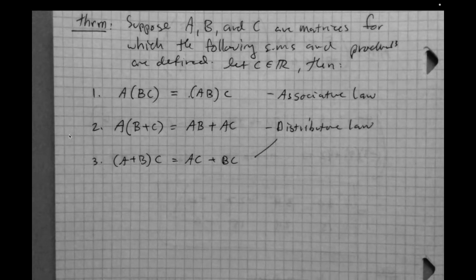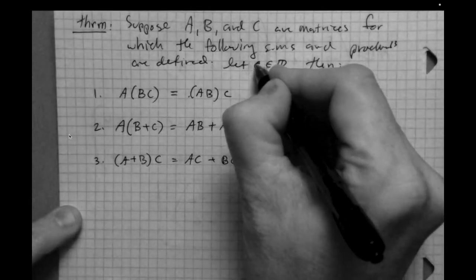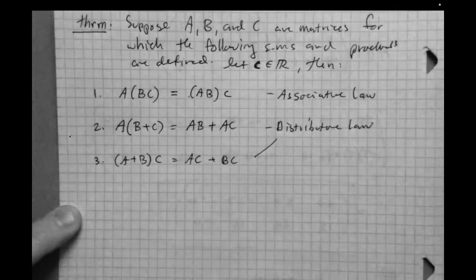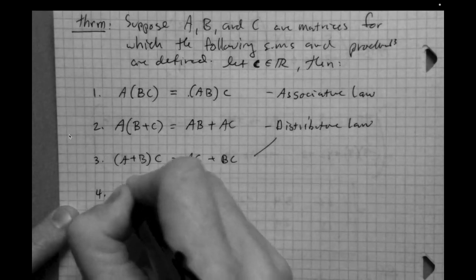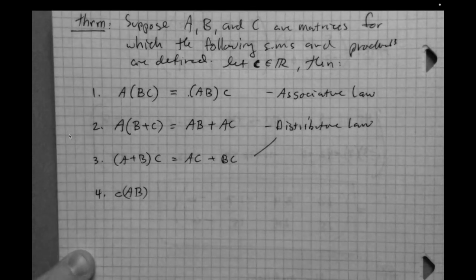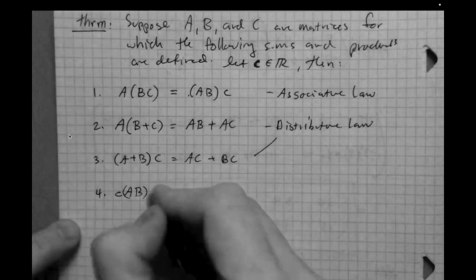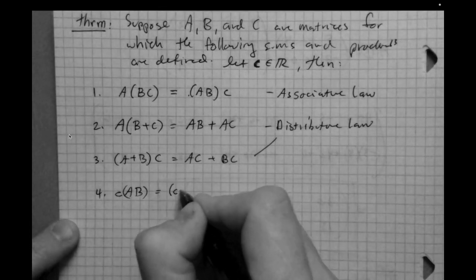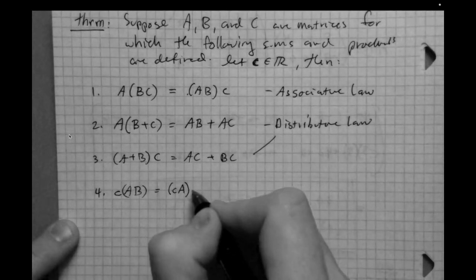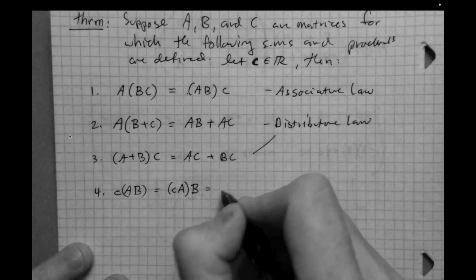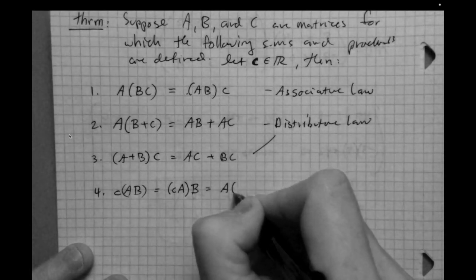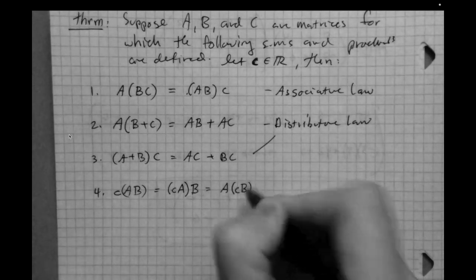All right. And then the associative law with the scalar. Right, so it's important: this is a little c, and that's a big C. So the last one is if I have the matrix product AB and I multiply the scalar c times AB, I'm going to get the same answer as I would get if I multiplied c times A first and then B, or if I multiplied A times the matrix c times B, c being the scalar.